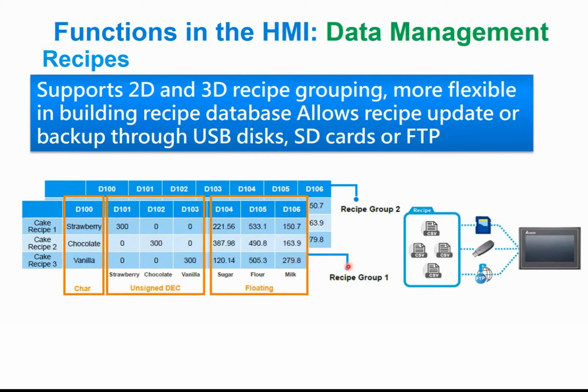You can also save this recipe on an SD card or USB stick, and this data is always recorded or written in the file, so you can retrieve it, update it and upload it to the HMI. There's also another function you can use remotely to monitor the recipe data. This is quite handy in production when you need to use a particular machine to produce different products. Then you can easily do this with recipe.